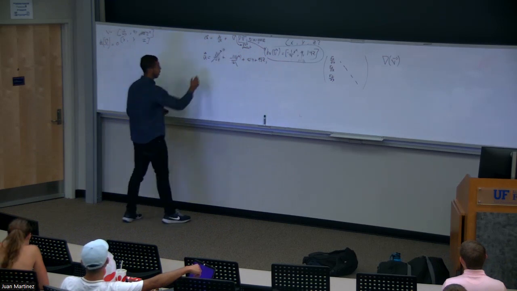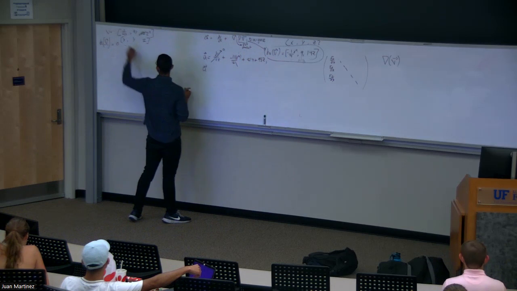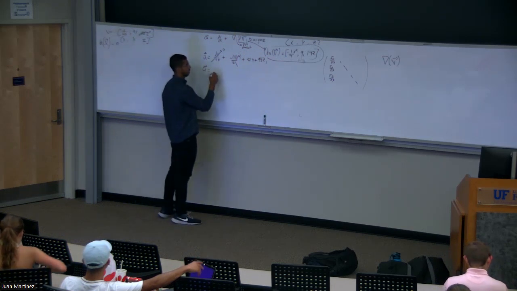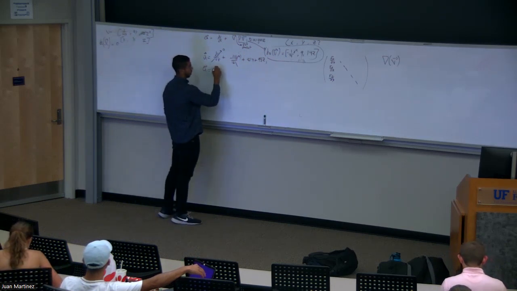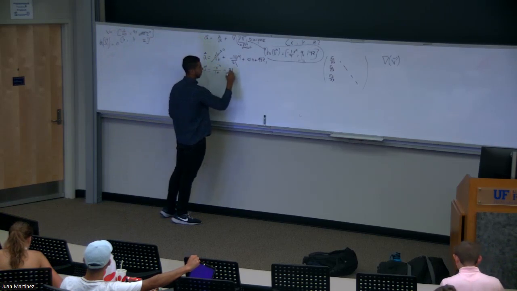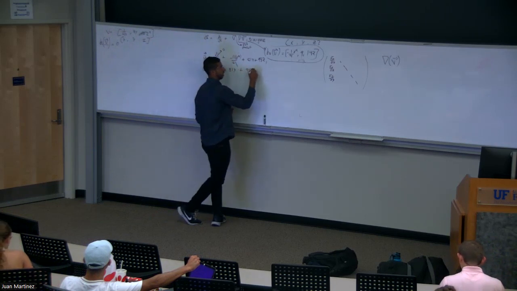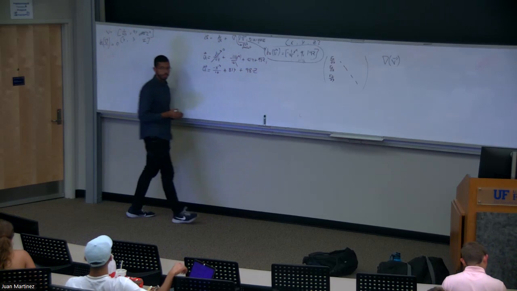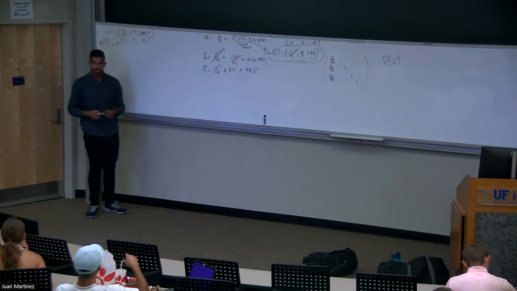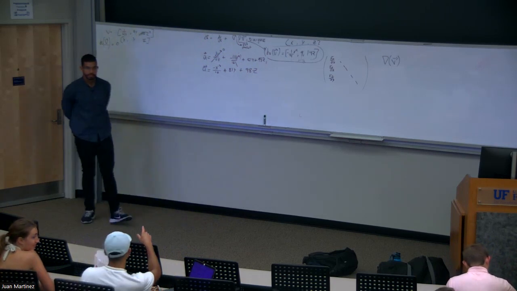Alright, so we get that the acceleration for my vector is minus x to the third over 16 plus 81 y plus 98 z. Good. Also, you put the arrows.